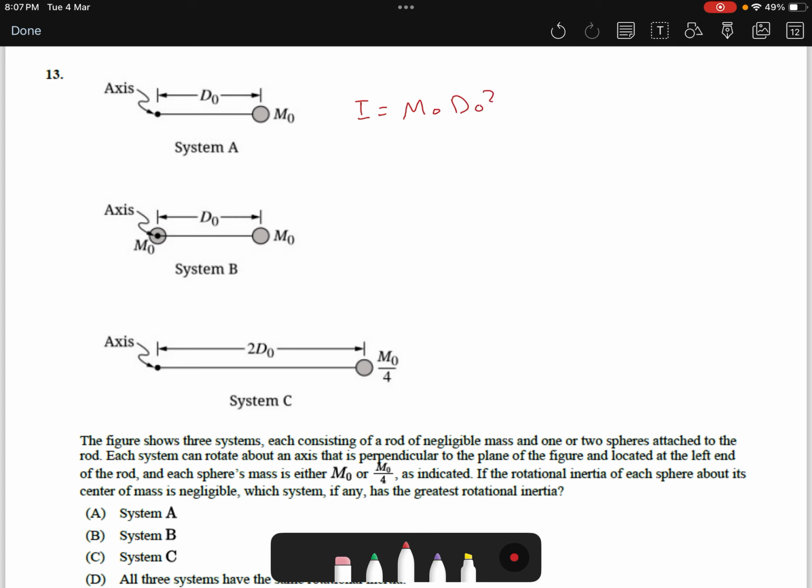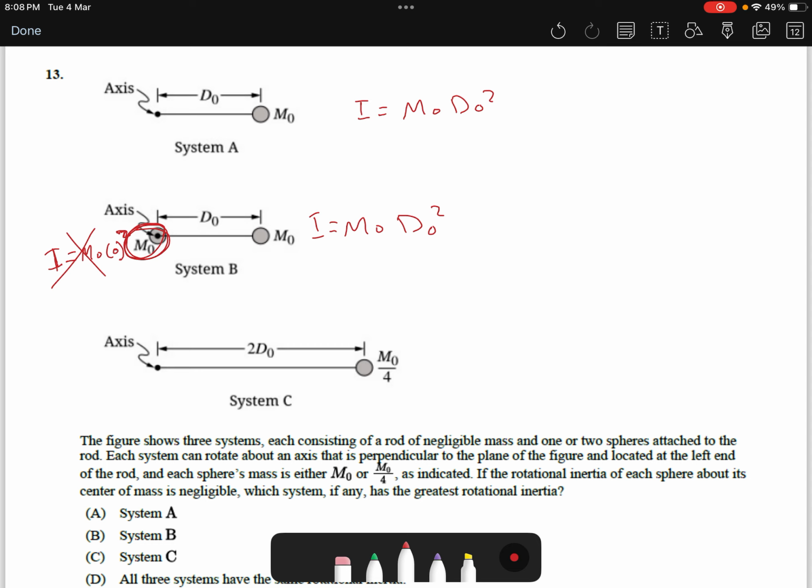For the second one, I equals m0 d0 squared. Why don't we consider this mass? Because the distance between this mass and the axis is 0. If I want to find the rotational inertia for this one, it's m0 times 0 squared. No worries, we can square the 0. So the answer is 0. So I don't care about this mass.